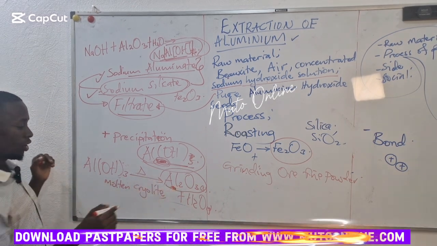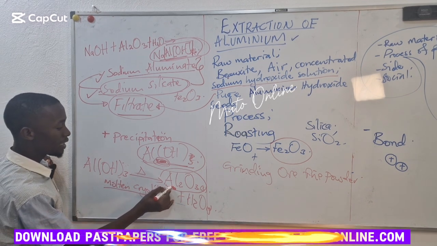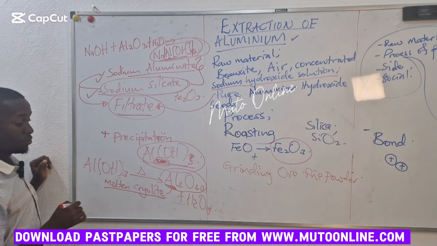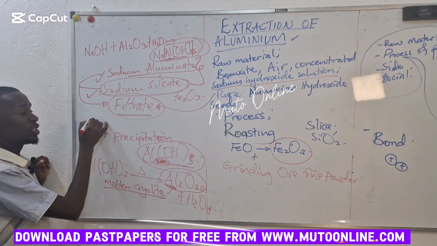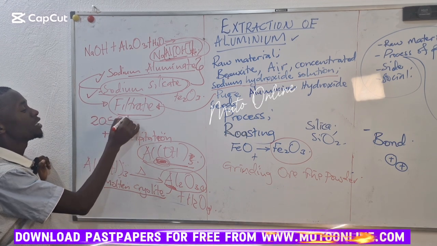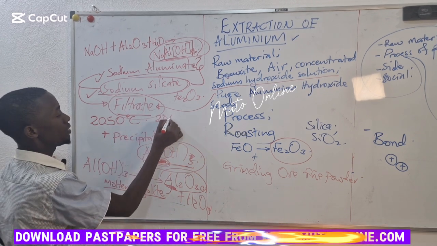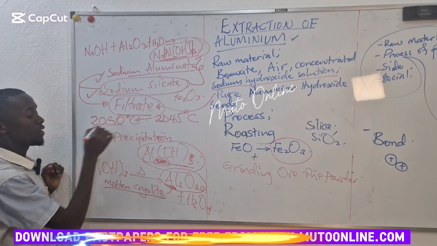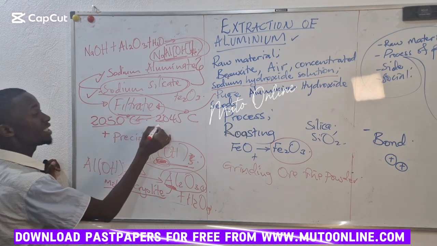The intention of dissolving it in molten cryolite is to lower the melting point of this aluminium oxide. Aluminium oxide has a very high melting point of over 2050 degrees Celsius. It ranges between 2045 degrees Celsius to 2550 degrees Celsius. So it lowers it.